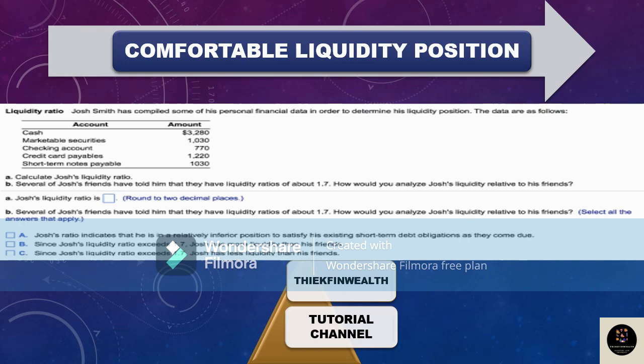The headline, as we are seeing right now, is comfortable liquidity position, presented by the Trade in Wealth Tutorial channel. Let's move ahead.